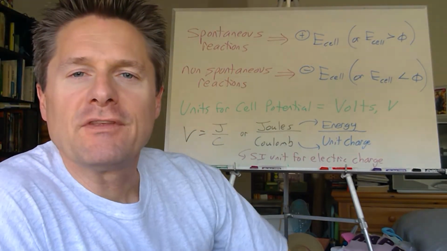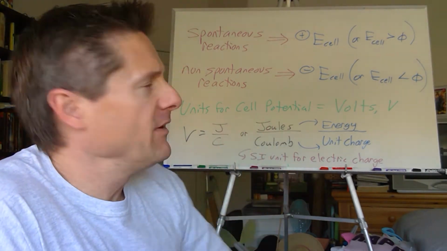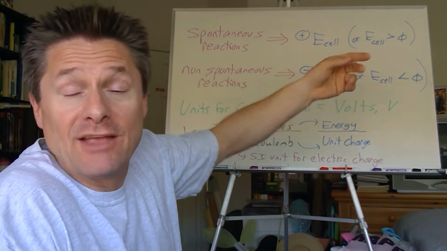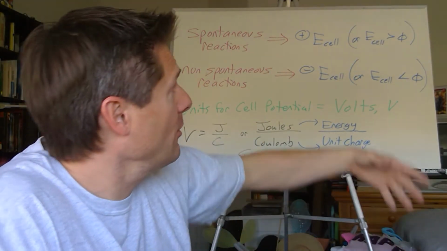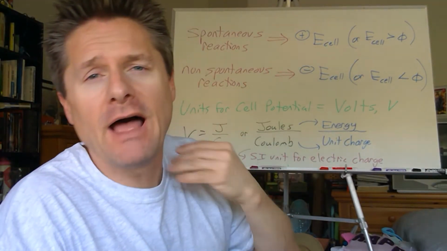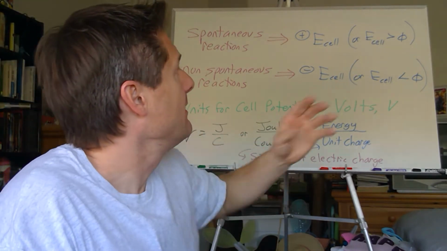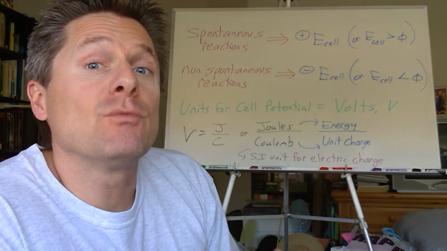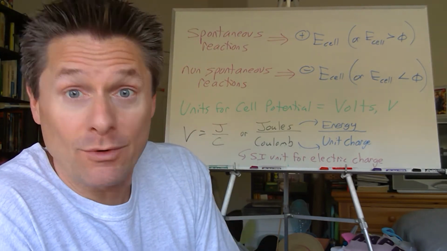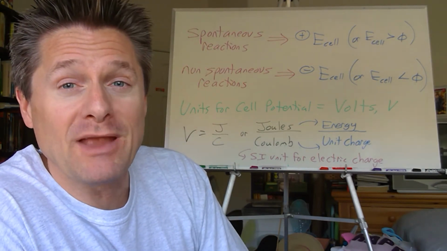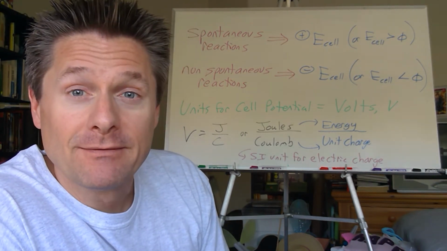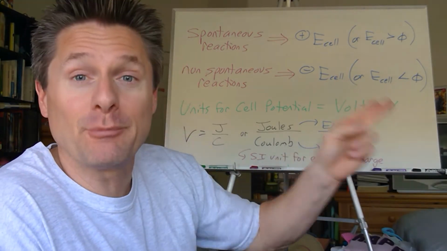All right, let's finish off this video with an overview of this cell potential. For spontaneous reactions, as you saw in that voltmeter, that reaction occurred, and we had a positive value for E cell. So anytime you have an E cell greater than 0, that means we have a spontaneous reaction. We're going to see this come back and haunt us when we do some equations later, because remember, delta G was negative for spontaneous reactions, but E cells are positive.